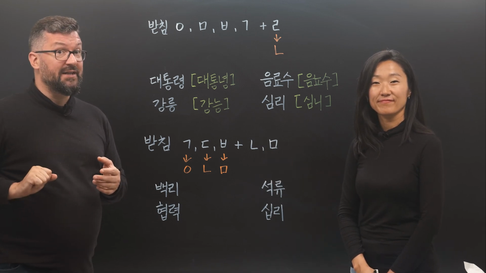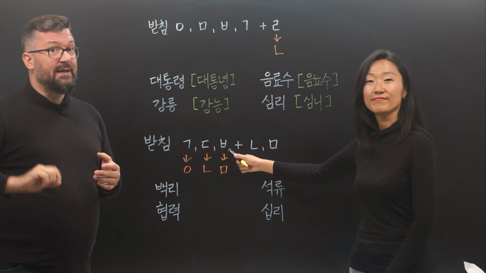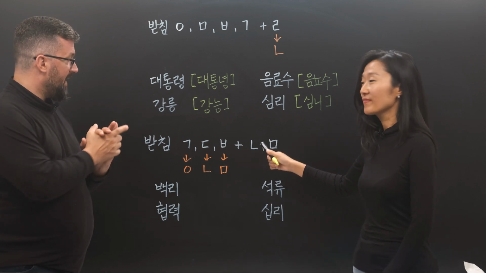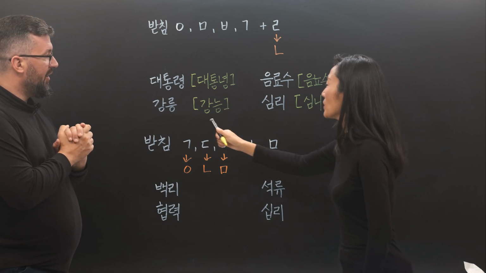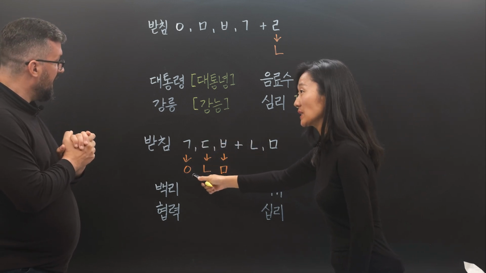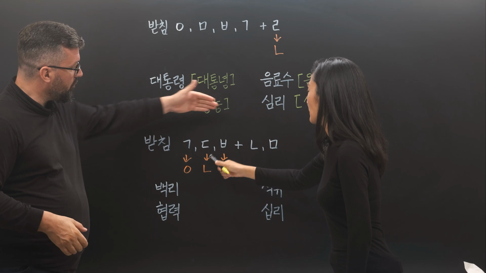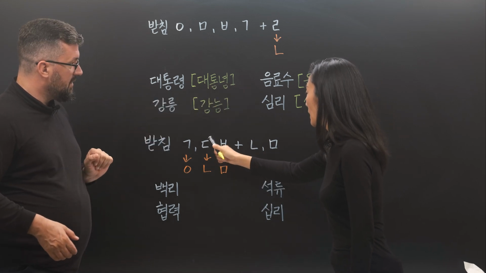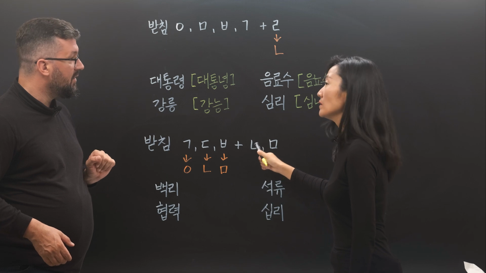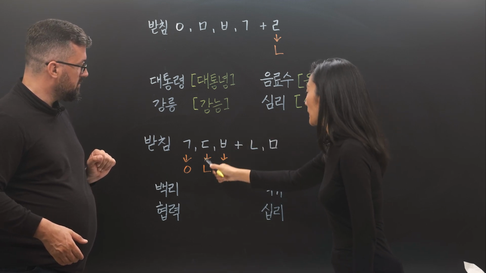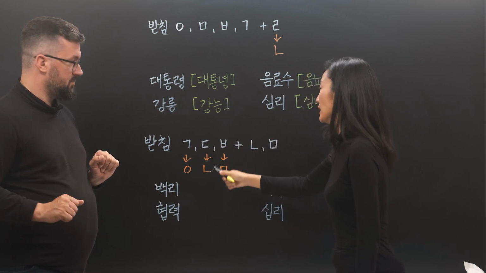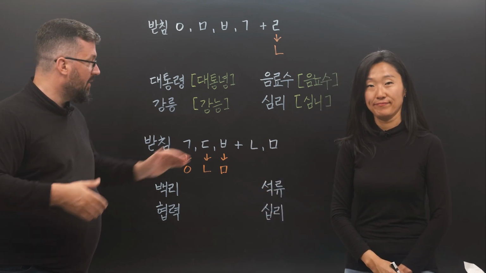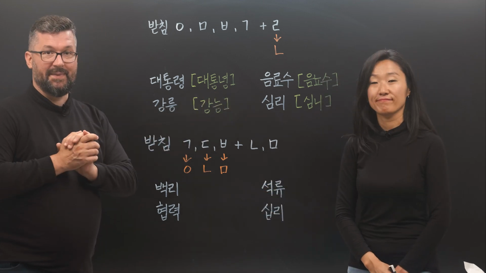We learned that when Batchim g, d, or b is followed by n or m, the pronunciation changes as follows. So 그 becomes 응. G becomes eng. So g followed by n or m, g becomes eng. If d meets n or m, d becomes n. B becomes m when followed by n or m.